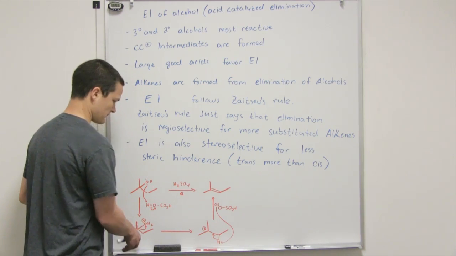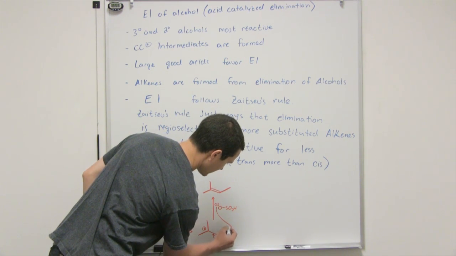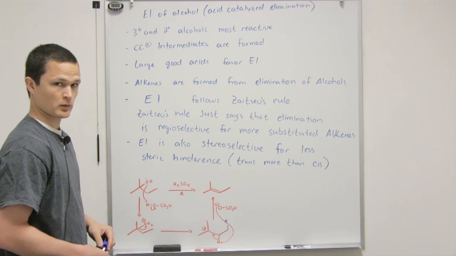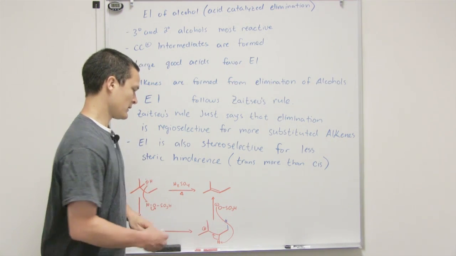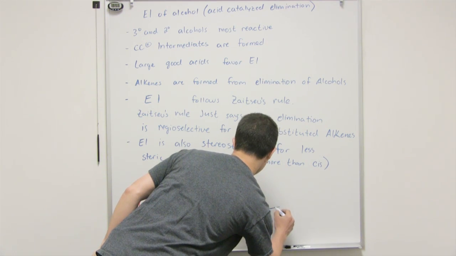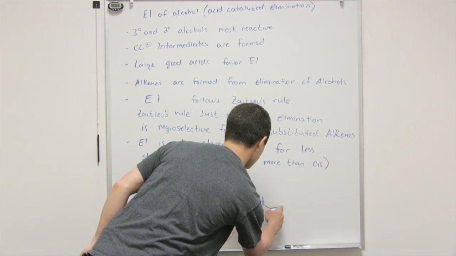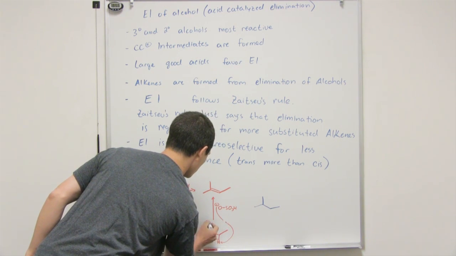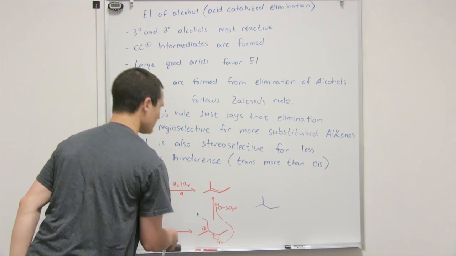Just to give you something else to think about, what if we had pulled off this hydrogen? Actually no, we wouldn't pull that one off. We would pull one of these off, because the carbon's right there.